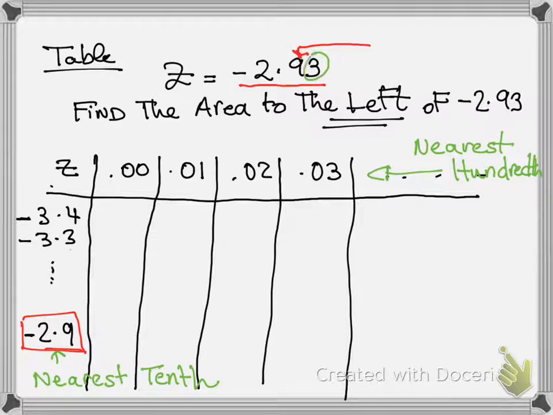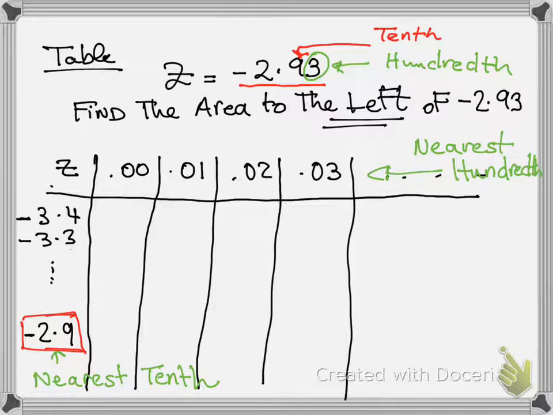So here, the nearest hundredth is actually 3, and for the tenth it's actually negative 2.9.